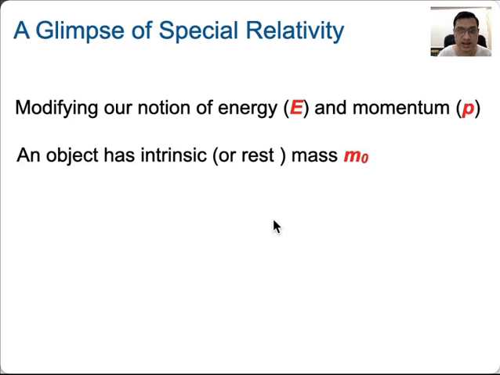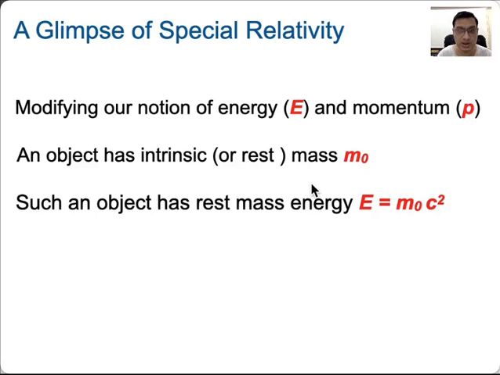That's what we have seen in our previous slide. So let's say you have an object which has intrinsic mass, or we can call it rest mass m0. Then special relativity says that this object has rest mass energy, which is E is equal to m0 c square. And this expression I'm sure you have seen or heard in the past.